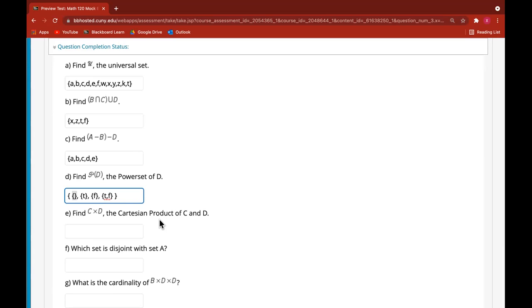Why do we put the empty set? The empty set is a subset of any set. Right? Remember, the empty set and the set itself are always subsets of your set. So you always have the empty set and the set itself as elements in the power set, since those are subsets of it.